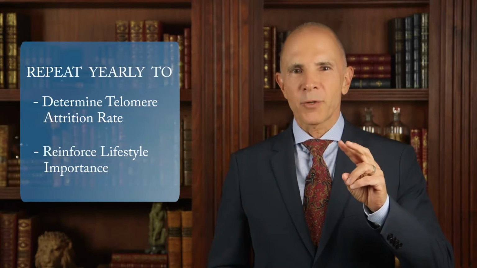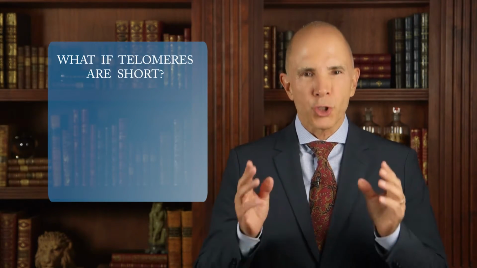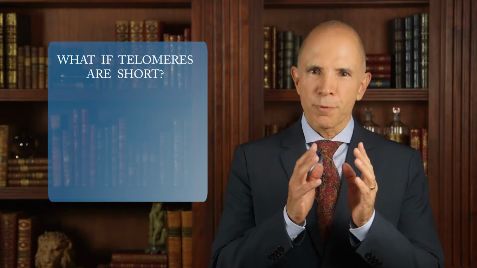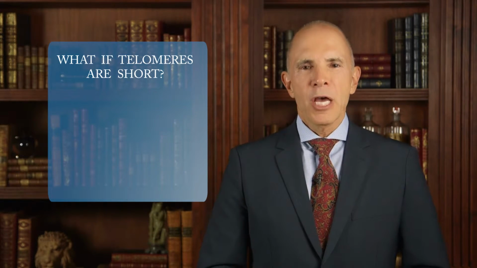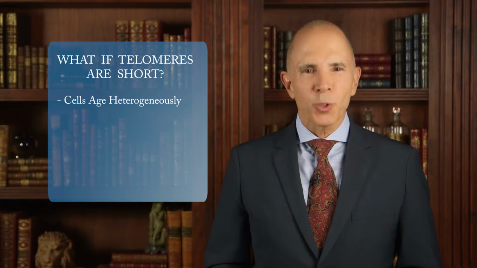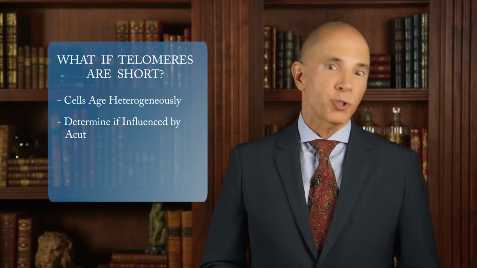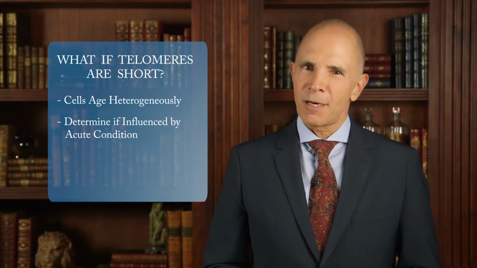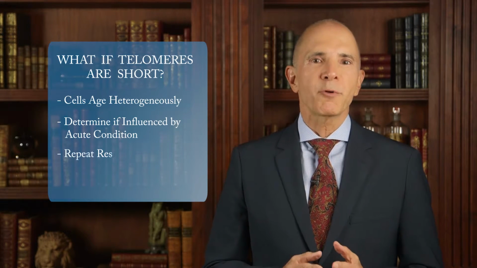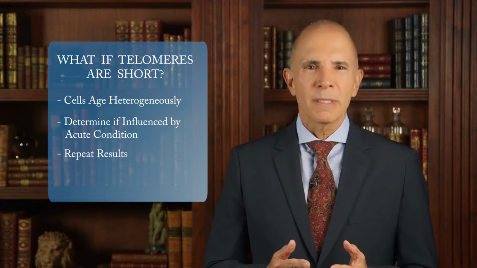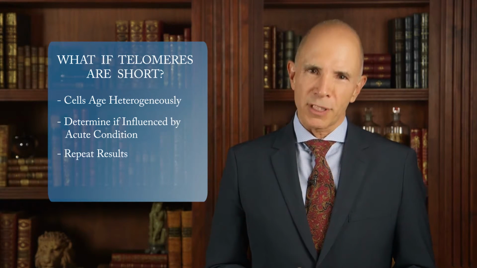The second category is those patients who have a high preponderance of short telomeres. To provide a measure of reassurance, you can point out that our cells do age heterogeneously, and telomere length can be affected in the short term by acute illness. Now, if this is the case, test results can be repeated in several months or when the acute episode has resolved.